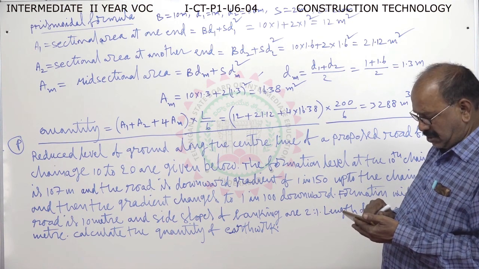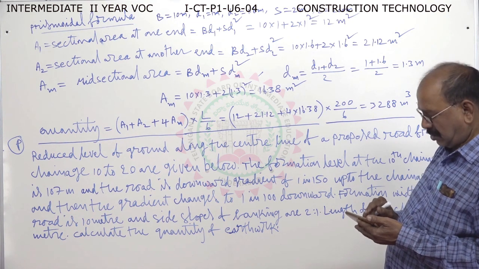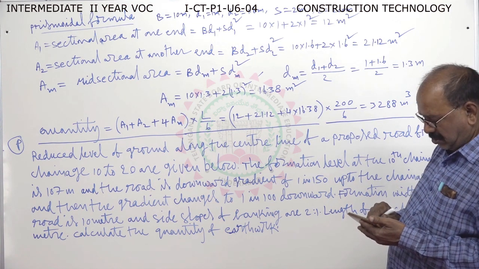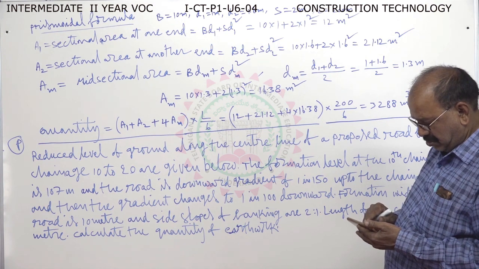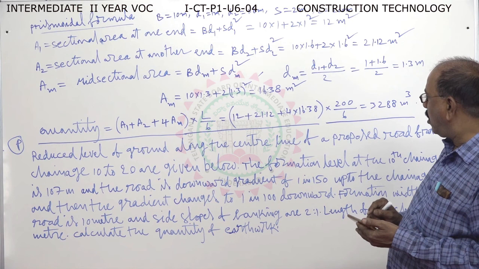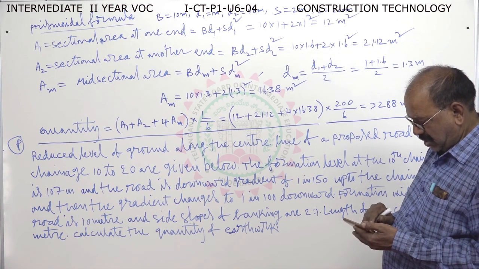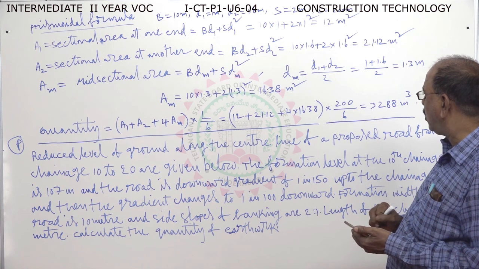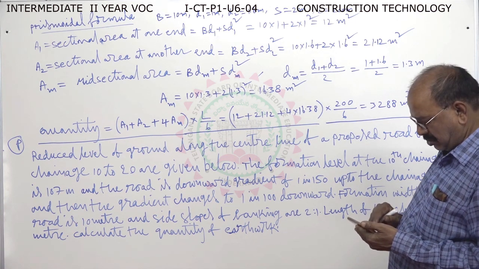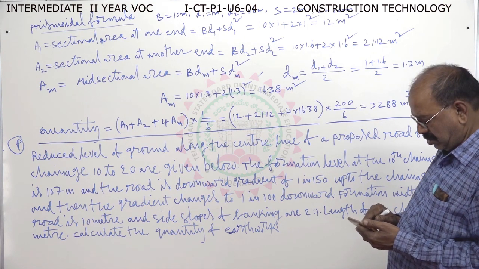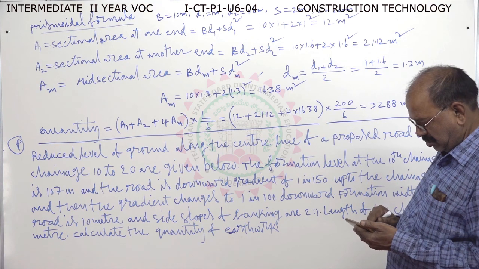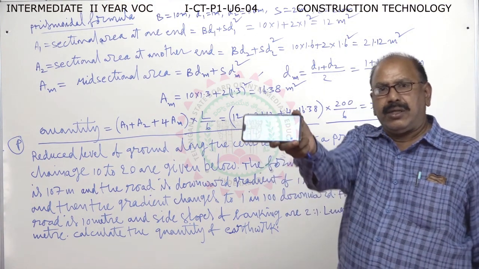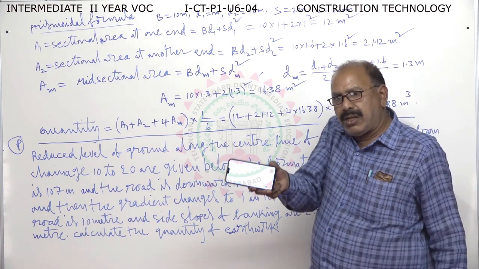So 4 into 16.38 plus 21.12 plus 12, into 200 divided by 6 is equal to 3,288 meter cube. 3,288 meter cube. Is it visible? Okay.